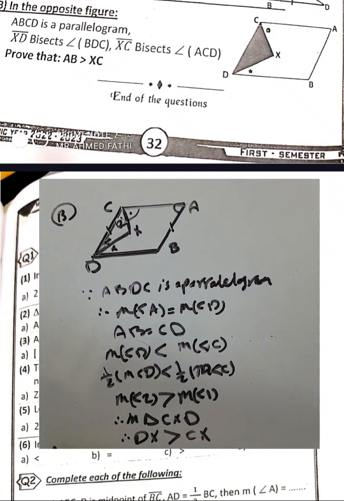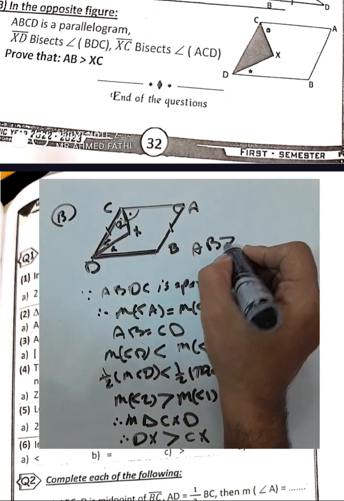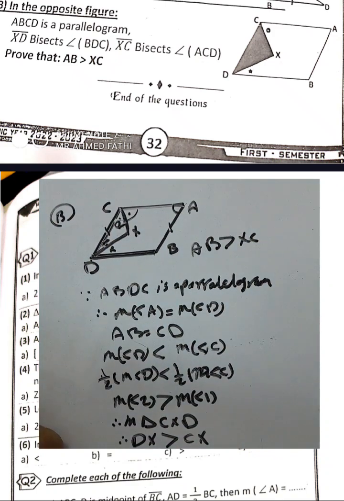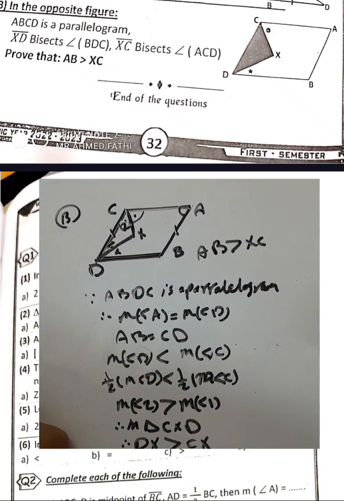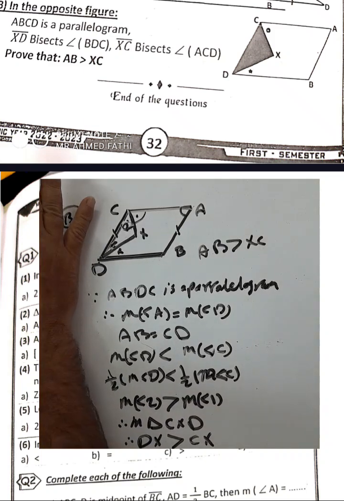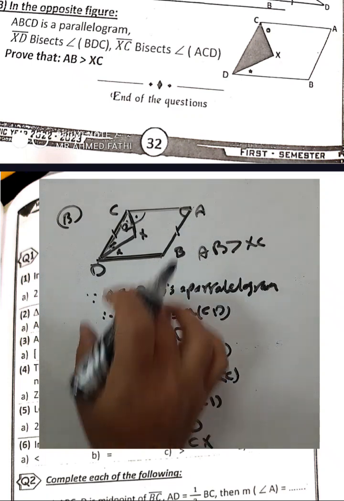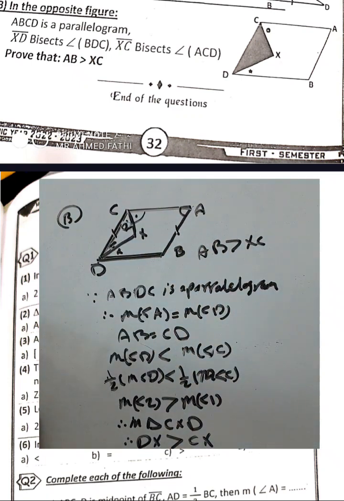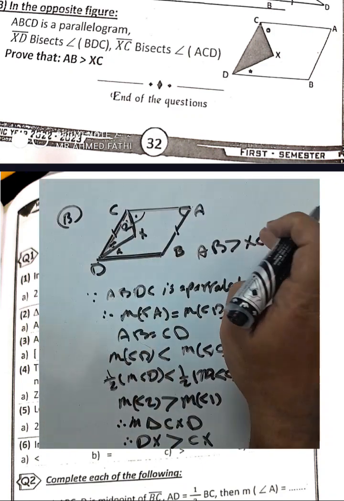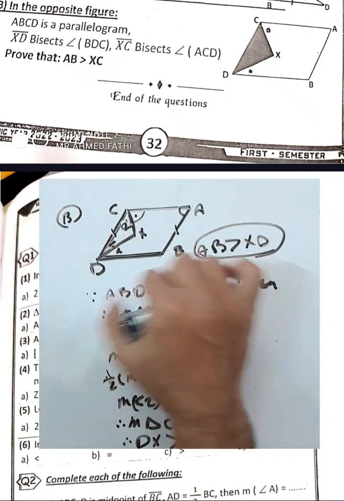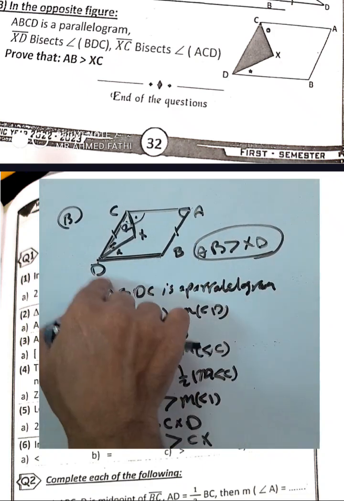And we want to prove that AB is greater than XC. Then we want to find the relation between DC and CX. We write here DX greater than. You must change this XC and write XD here, because he changed it. He wrote here ABDC, but it must be ABCD.